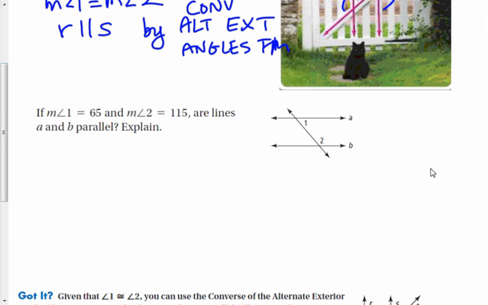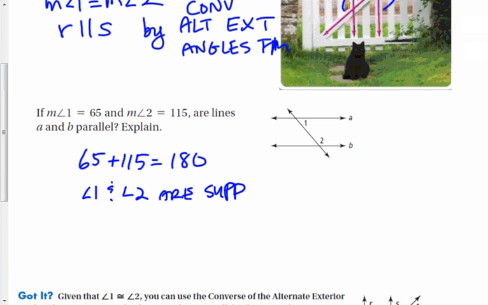And the next problem, if the measure of angle 1 equals 65 and the measure of angle 2 equals 115, are the lines A and B parallel? So what I would do first is just say, well, 65 plus 115 is equal to 180 from just adding them up. And since that's true, we can say that they're supplementary. Angle 1 and angle 2 are supplementary.